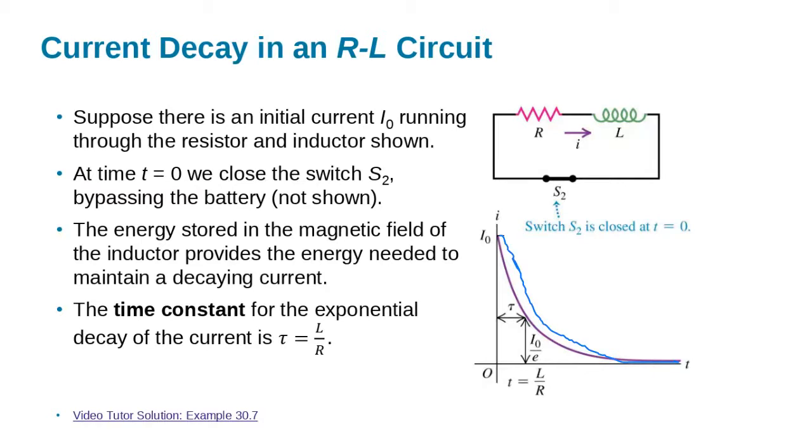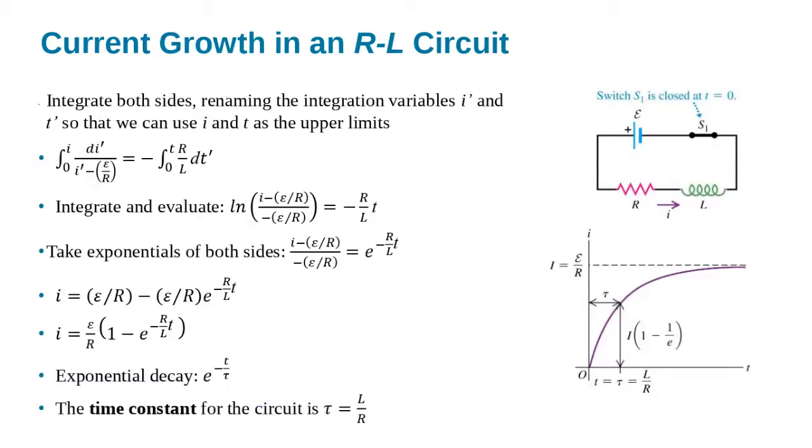The equation for the exponential decay of the current is just this equation, but without this 1 minus in it. That gives us a function like this, an exponential decay that tends towards 0. And with that 1 minus, we have the exponential current growth when we've attached to a battery. But in both cases, the time constant is L over R.